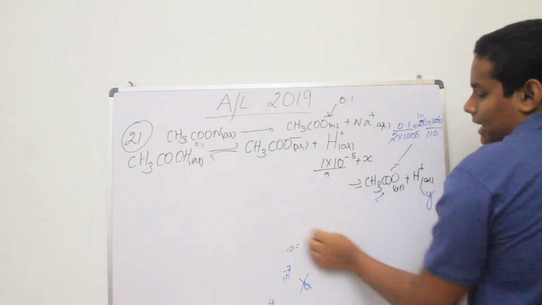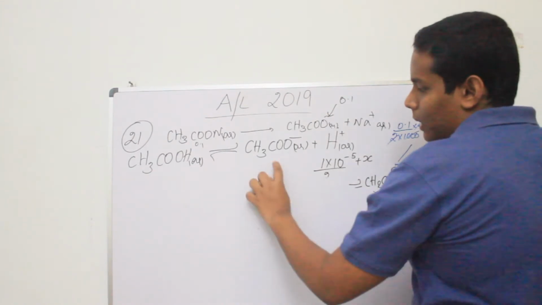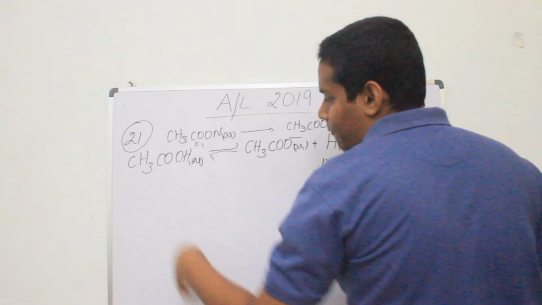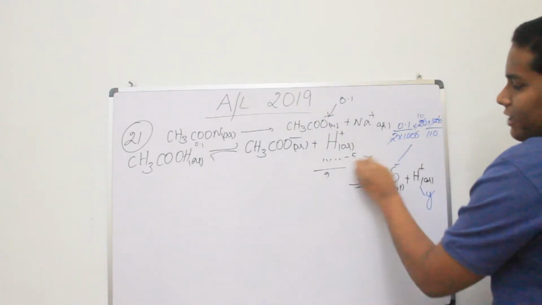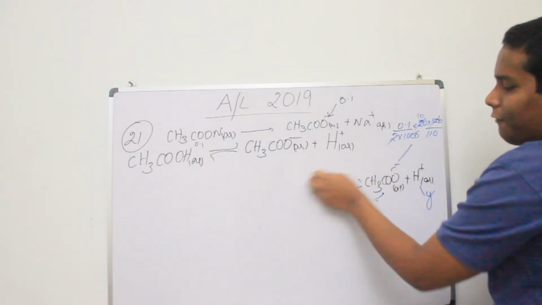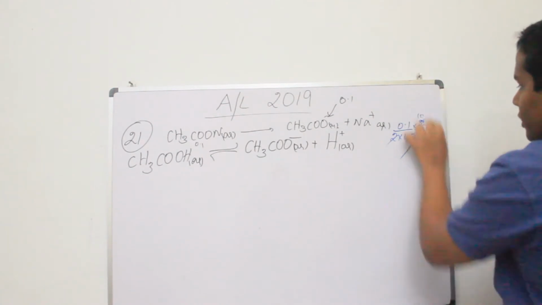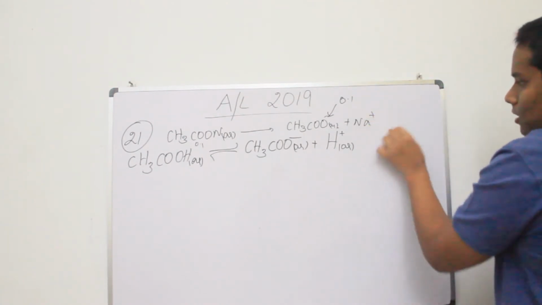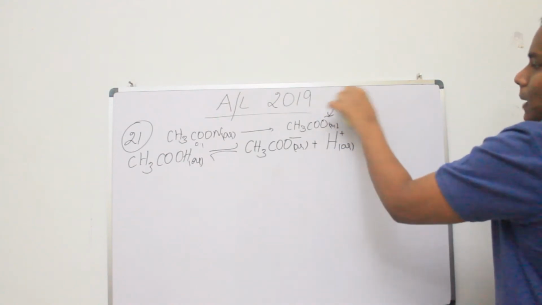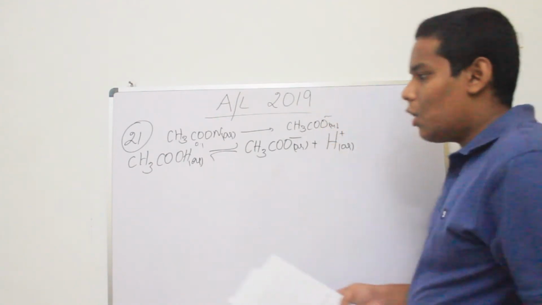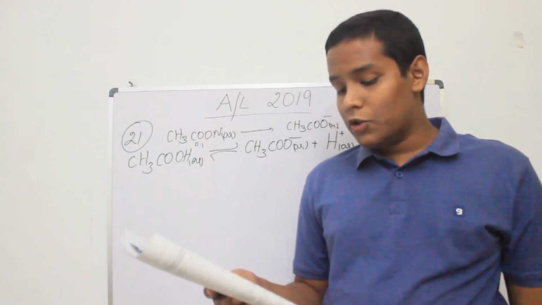Concentration of weak acid decreases means the equilibrium is shifted more towards the left. So therefore H plus aqueous concentration will have to reduce. If the H plus aqueous concentration reduces, pH increases. So your first answer should be pH increases.